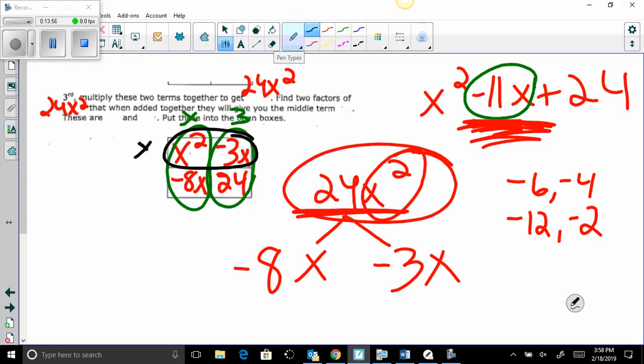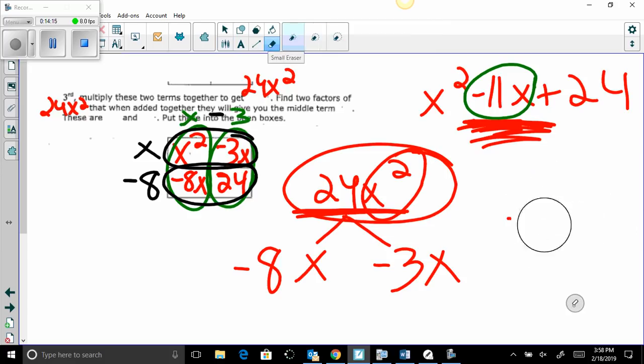The greatest common factor is x, and the greatest common factor here is 8. Now, the funny thing is here, I know that both of my factors have to have a negative, but in this situation, they didn't come out. But I need them there. So there's once or twice where this is going to happen, but I know that I need them there, and I'll show you when we check in a second.